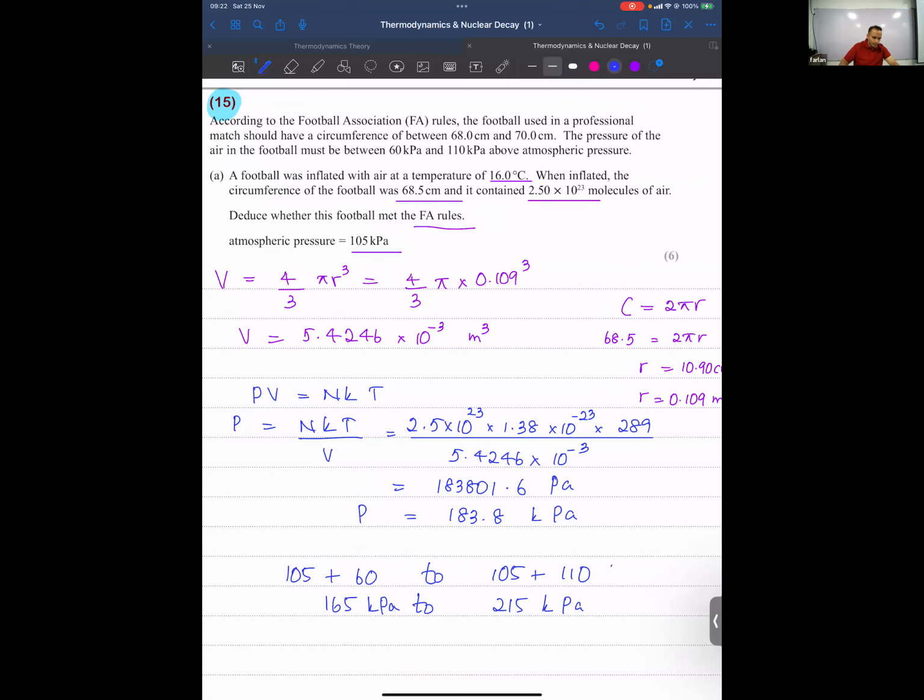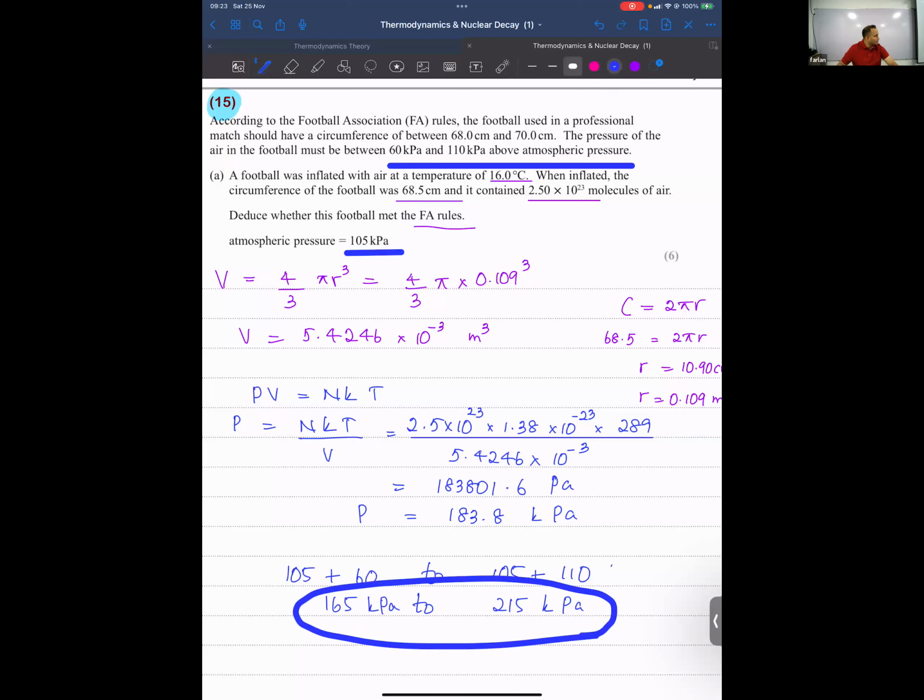Okay, so now what are they saying? The requirement is the pressure of the air in the football must be between 60 to 110 kilopascals above the atmospheric pressure. So the atmospheric pressure is 105 kilopascals. That means 105 plus 60 is 165, and 105 plus 110 is 215. So the pressure of air in the ball has to be within these two values.